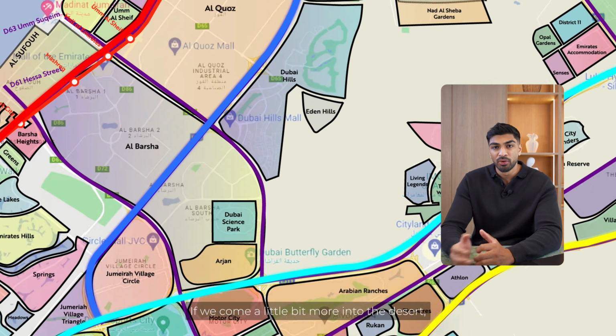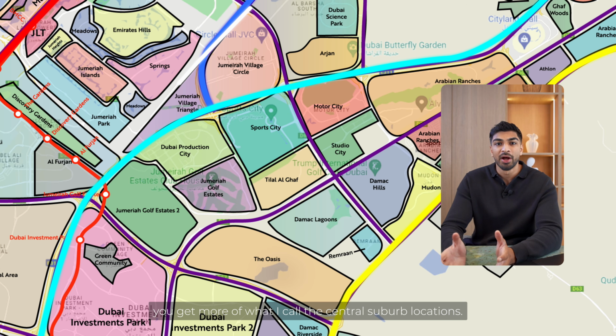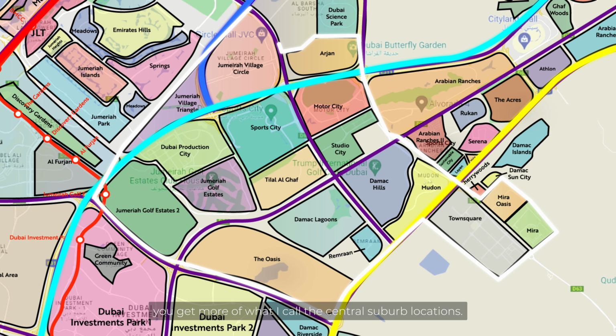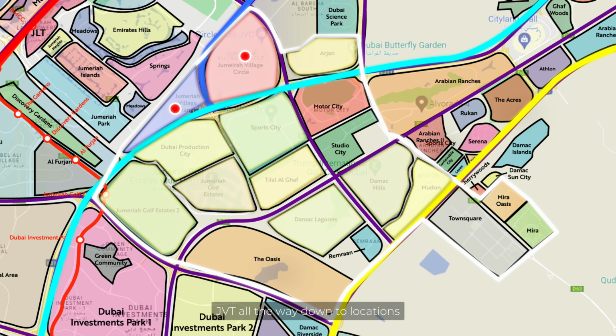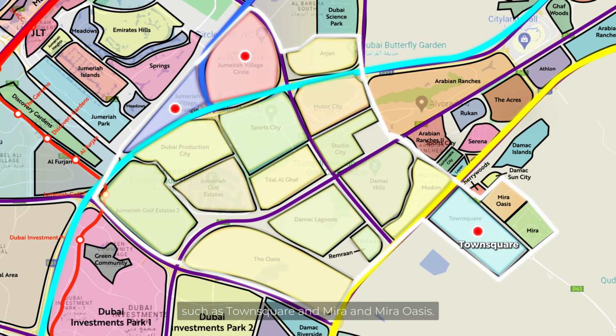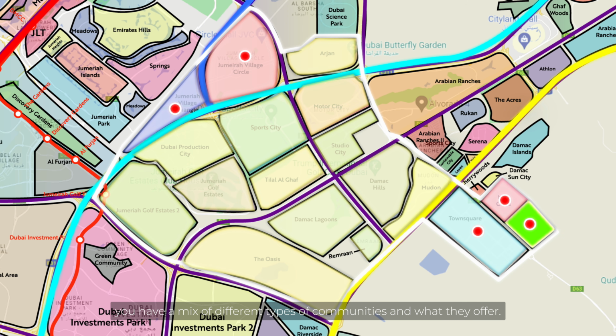If we come a little bit more into the desert, you get more of what I call the central suburb locations. So in the central suburbs, which is a nickname I've sort of given these areas, you have locations such as JVC, JVT, all the way down to locations such as Town Square and Mirror Oasis. In these central suburbs, you have a mix of different types of communities and what they offer.